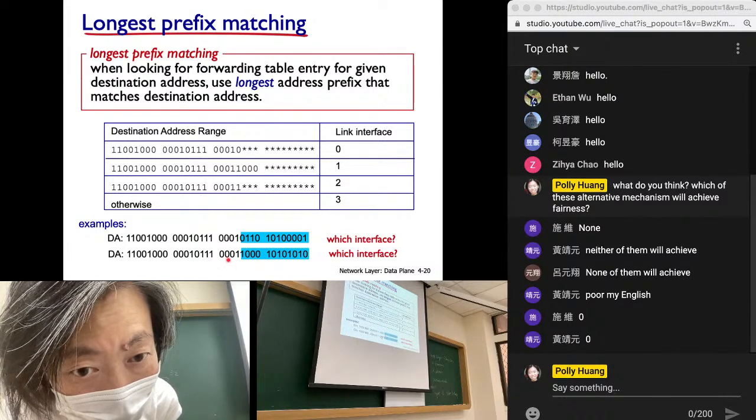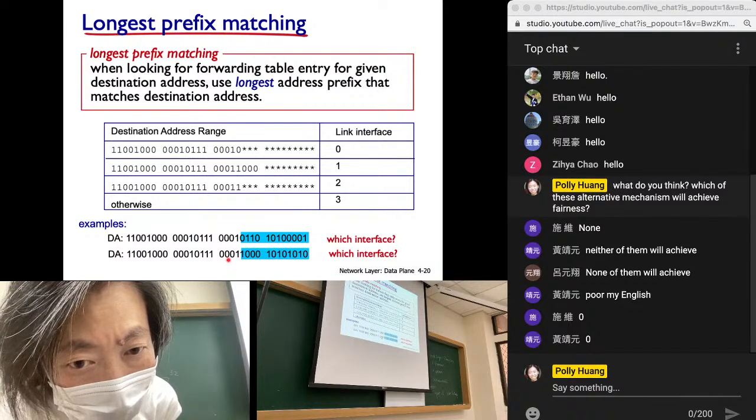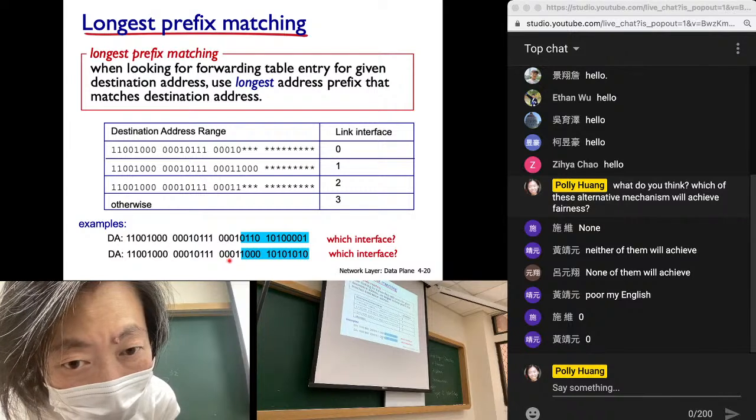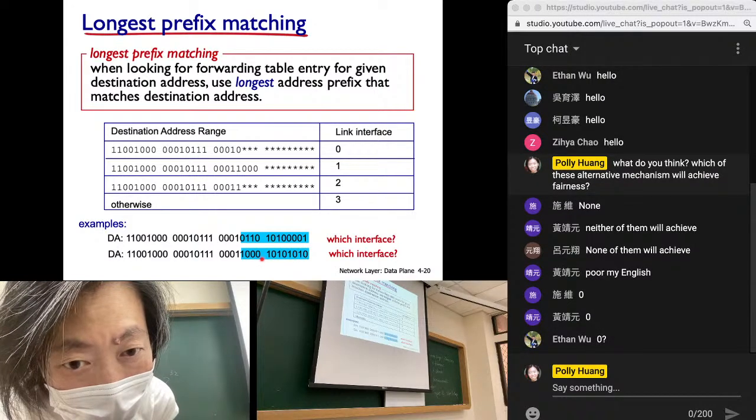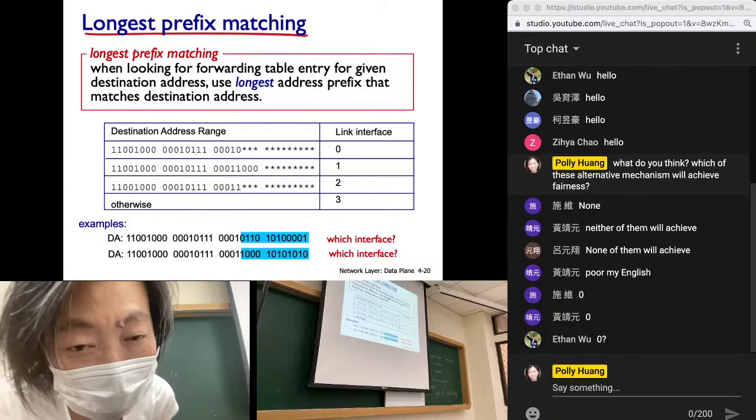But what about this case? It doesn't match prefix number 1. Does it match prefix number 2? It does. 11000. Does it match prefix 3? Wait a minute. It also matches prefix 3.